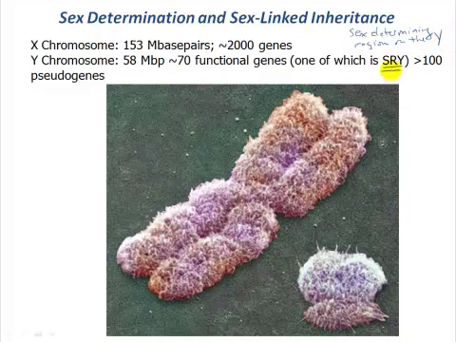This SRY gene is responsible for kicking off the developmental events that lead to the differentiation of a developing embryo from the default female pathway to the male specific pathway, right? So early in human development, the default embryonic state is more or less female.